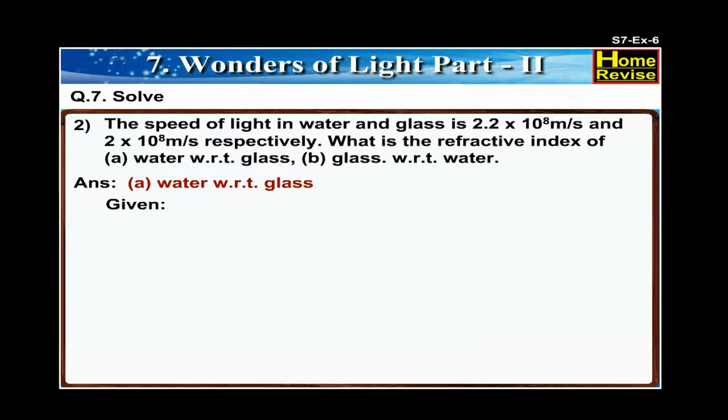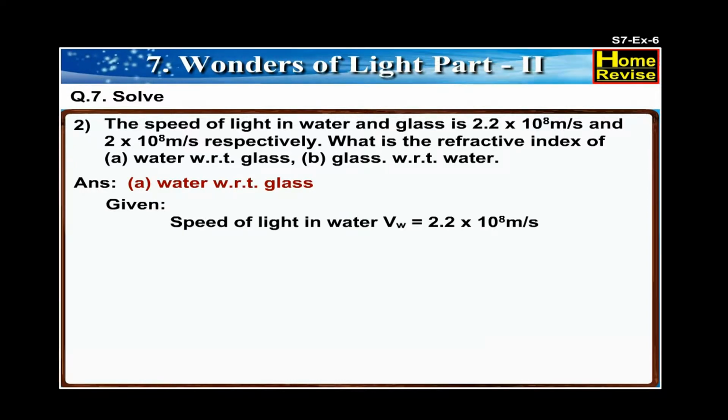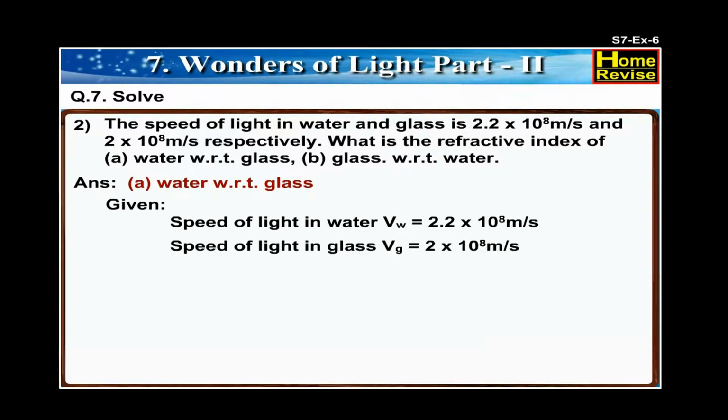It is given speed of light in water, that is VW, is equal to 2.2 into 10 raised to 8 meters per second. Speed of light in glass, VG, is equal to 2 into 10 raised to 8 meters per second. Solution.